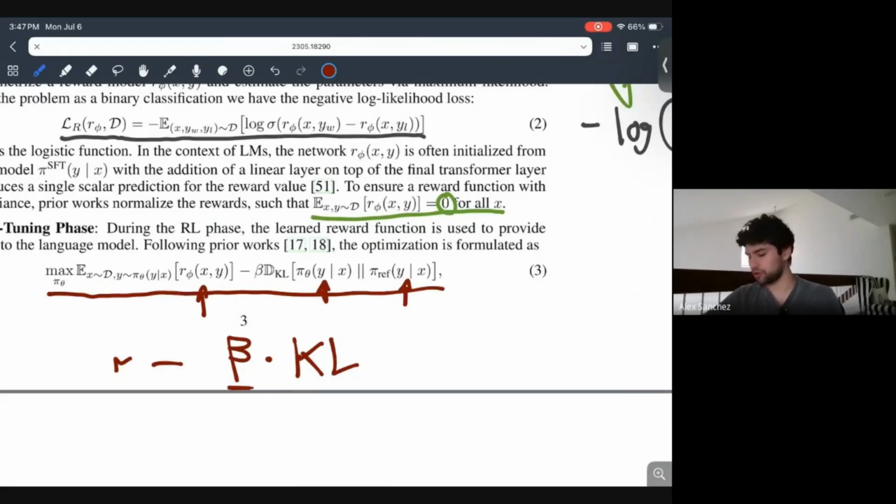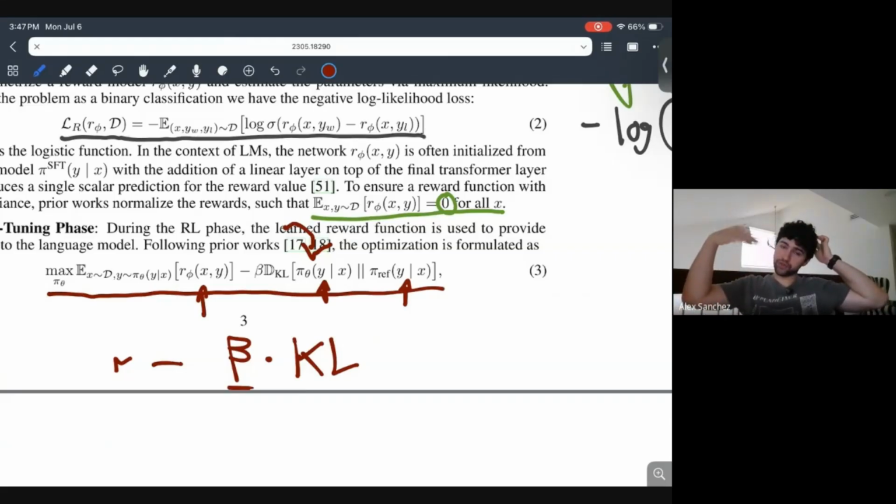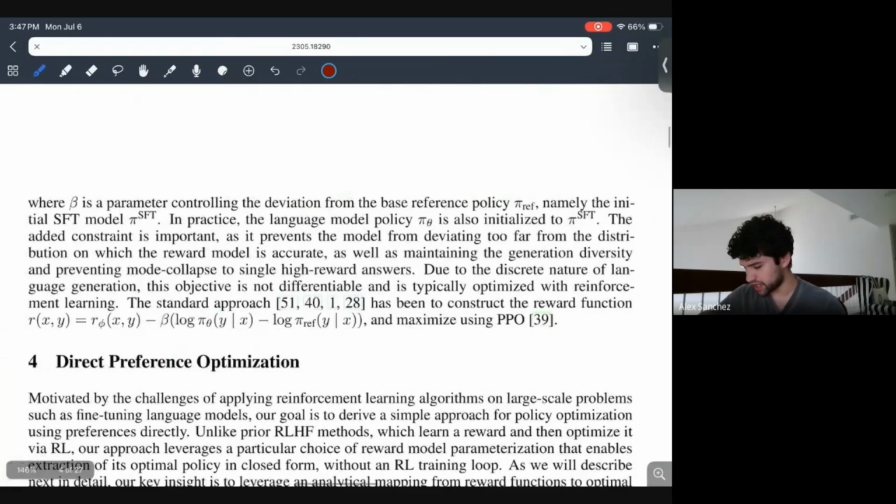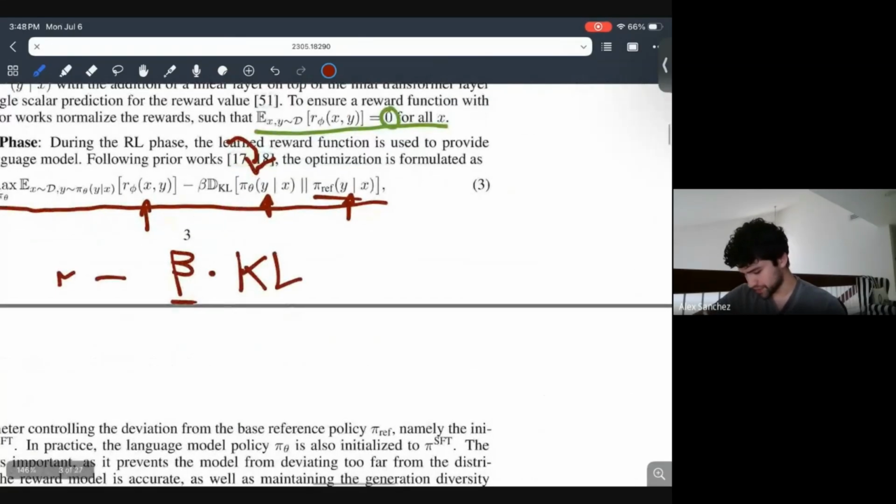Basically, we don't want our policy model to become a reward hacking system that just produces things that result in higher rewards.